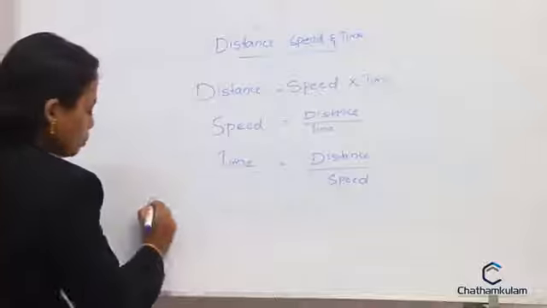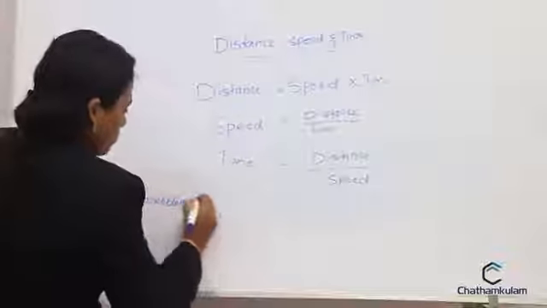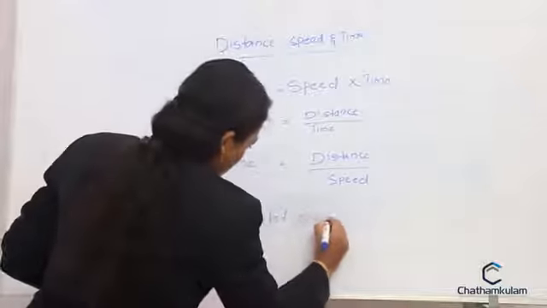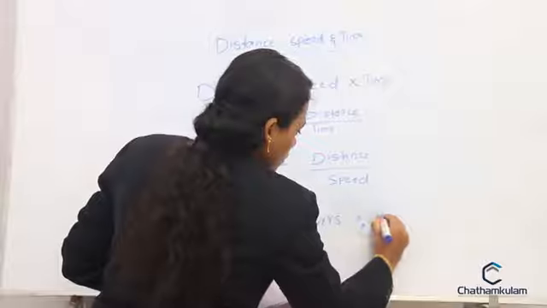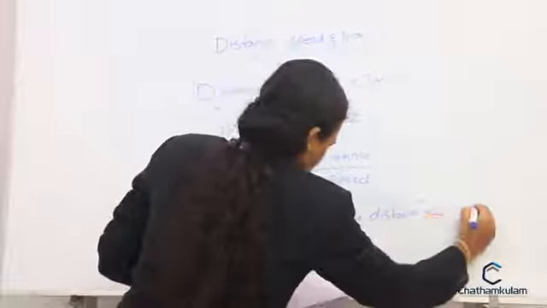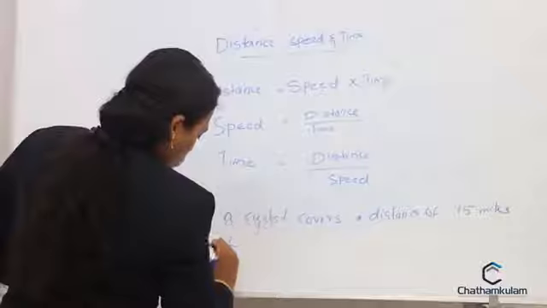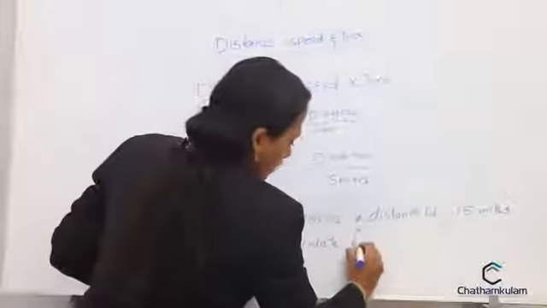Problem number 2. A cyclist covers a distance of 15 miles in 2 hours. Calculate his speed.